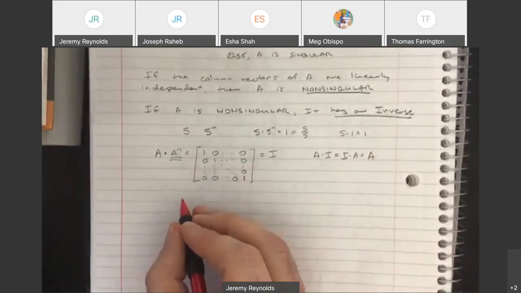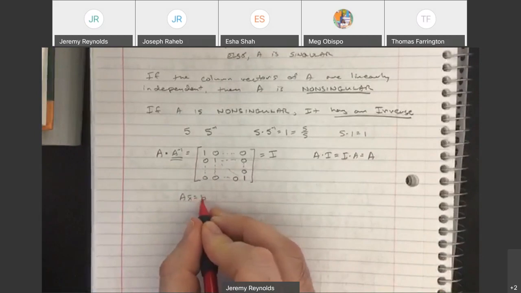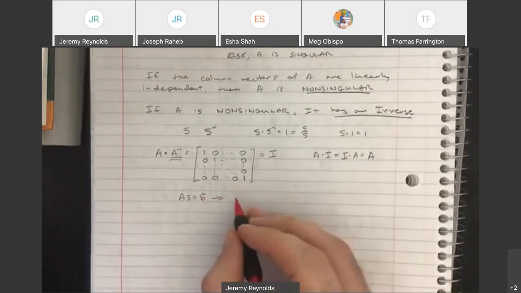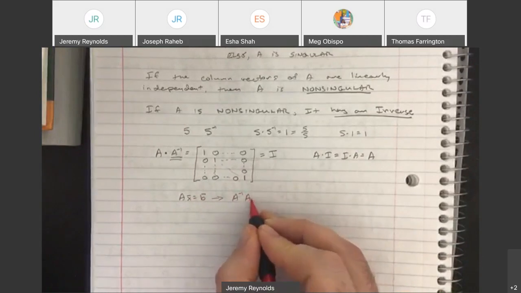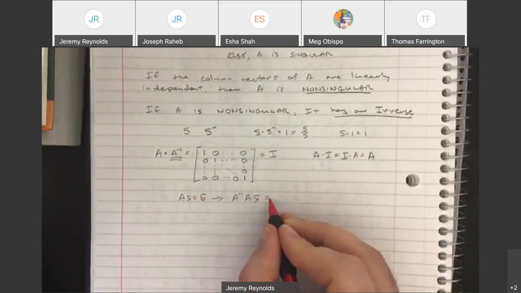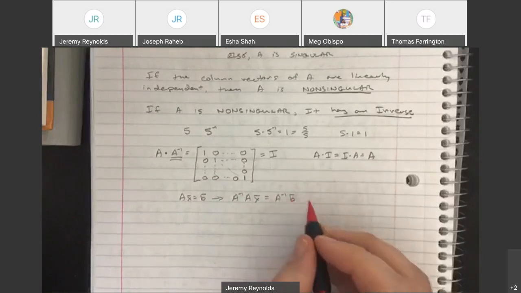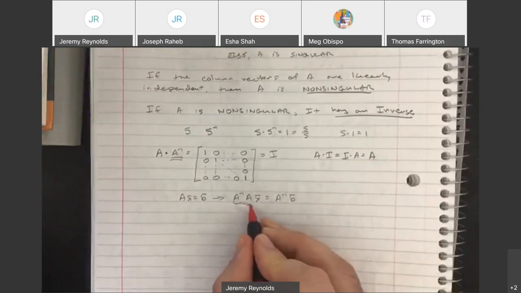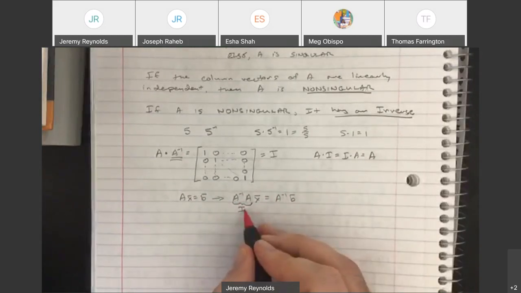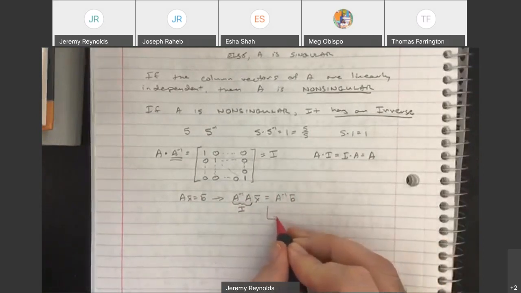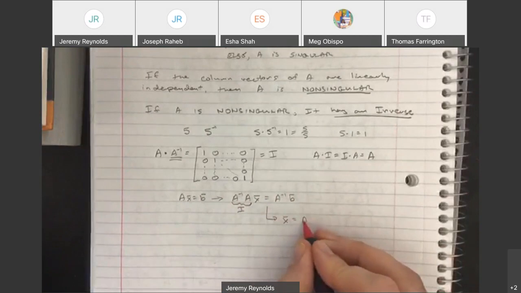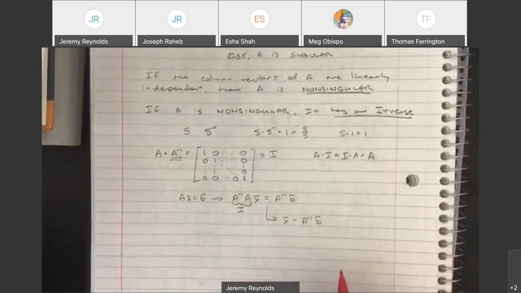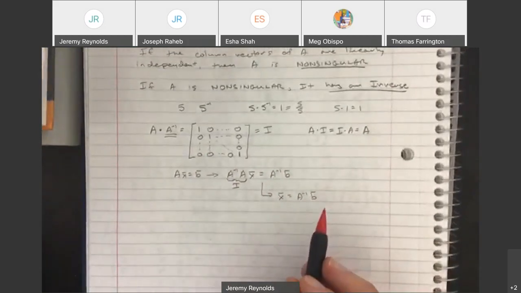And this is useful because if we have our basic equation, Ax equals B, then if we were to rewrite this as A inverse times A, and we just multiply both sides by the same thing, then you'll notice that this is going to equal the identity matrix, so that we end up getting x equals A inverse times B. So if somehow you did know the inverse of a matrix, then instead of going through any of our row reduction processes, you can just solve it directly.